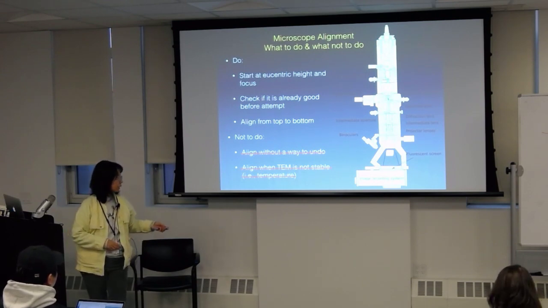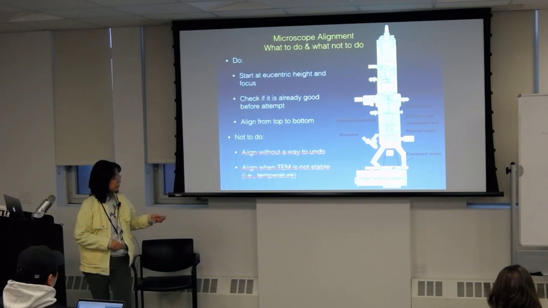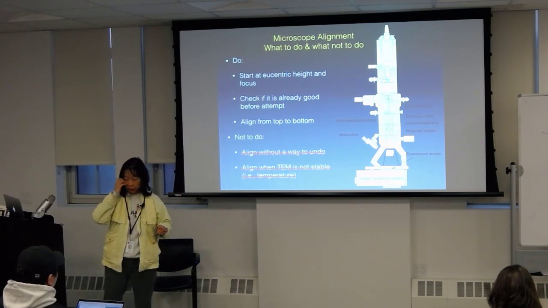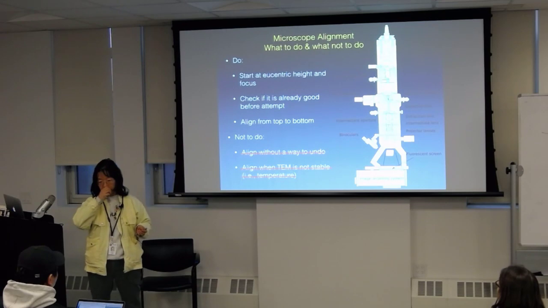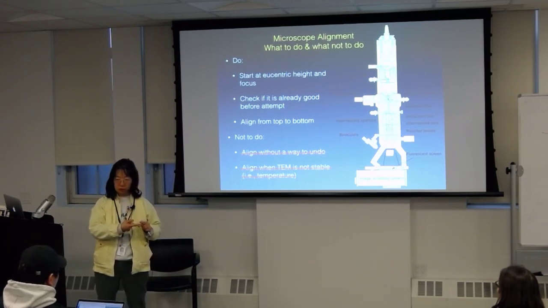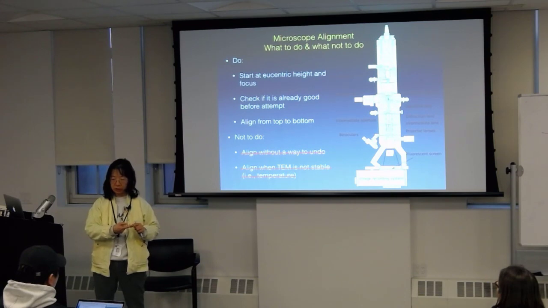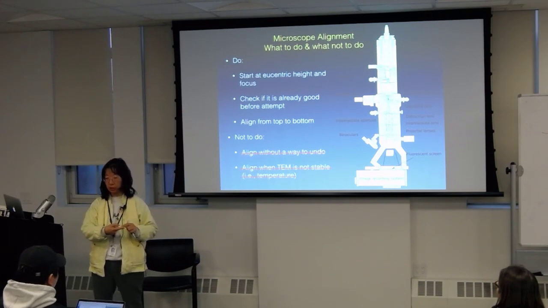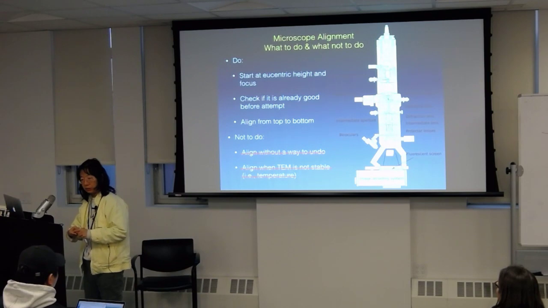Okay? Second thing is don't align your microscope when it's not stable. In Grant Jensen's lecture, one of the more important things he mentioned is that electromagnetic lenses are very sensitive to the environment.